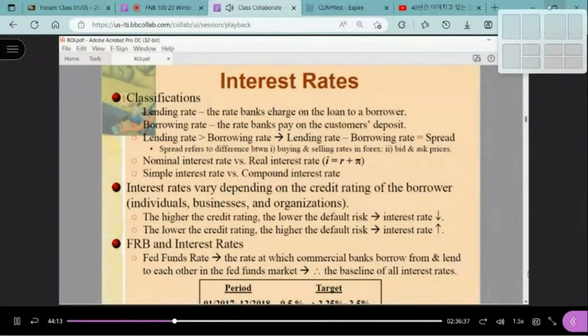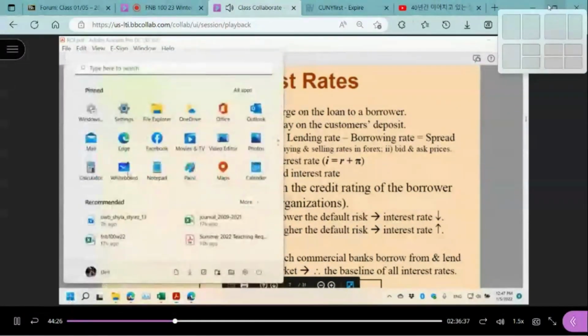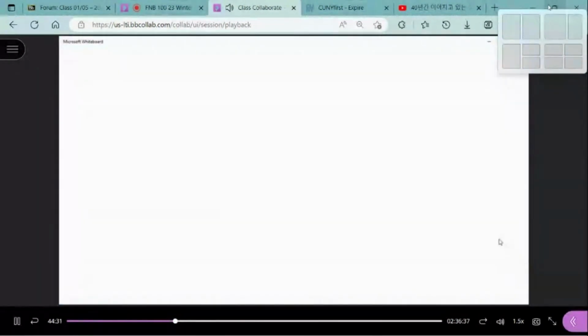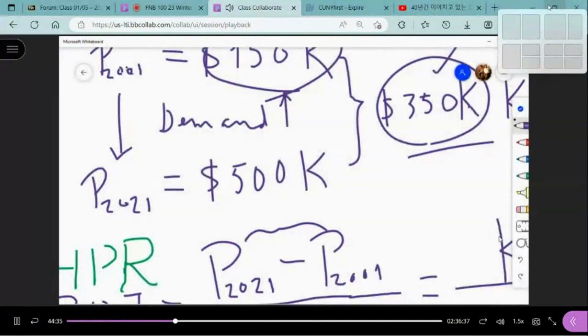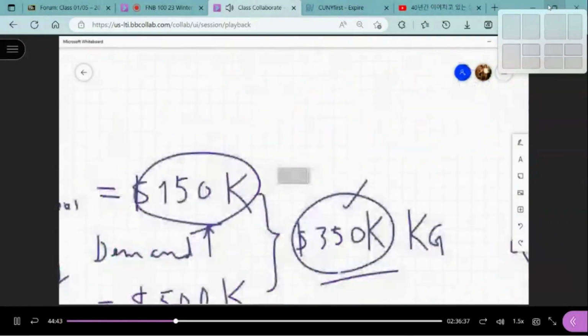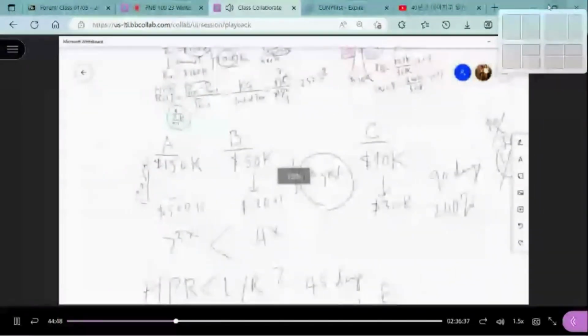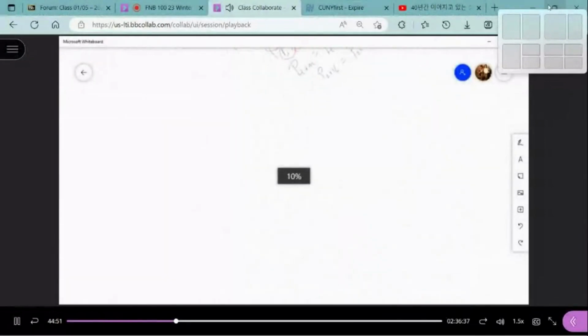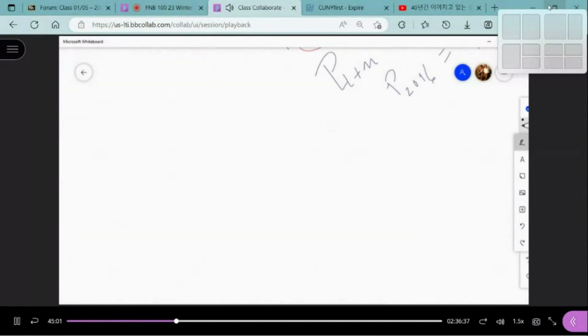But let's say there is a 10% inflation between now and a year later. Right now is called time zero, and time one is 1 year later.